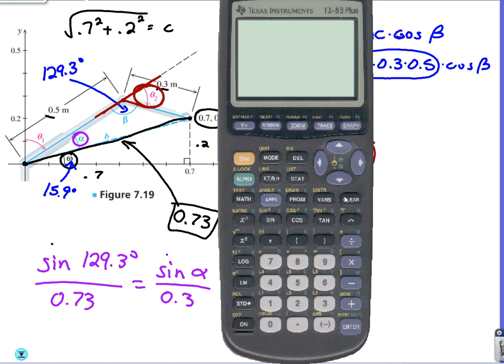So you got 0.3 times the sine of 129.3 divided by 0.73. And then that isolated sine of alpha, so now let's move sine over by doing the inverse sine. And you get about 18.54 degrees. Is that what you got? Pretty close? Awesome. So we'll call it 18.5, that's rounded the same.